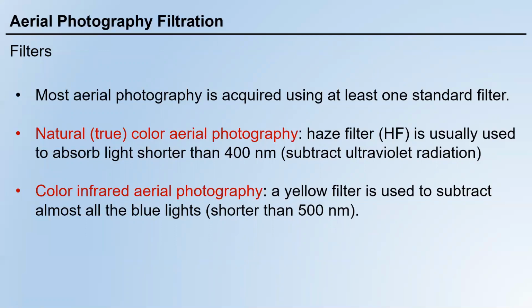So usually we don't want so much blue light to expose the film. For color infrared aerial photography, a yellow filter is used to subtract almost all the blue light shorter than 500 nanometers. So usually blue light and also violet are not that welcome in aerial photography.